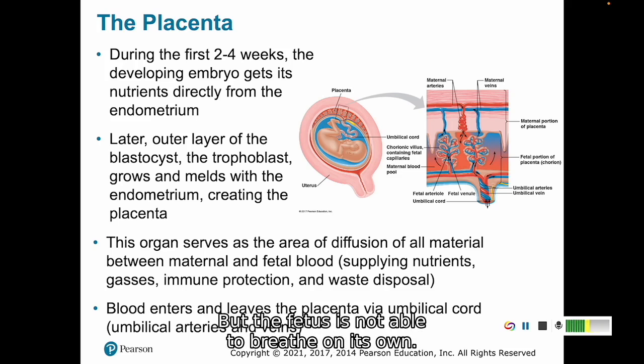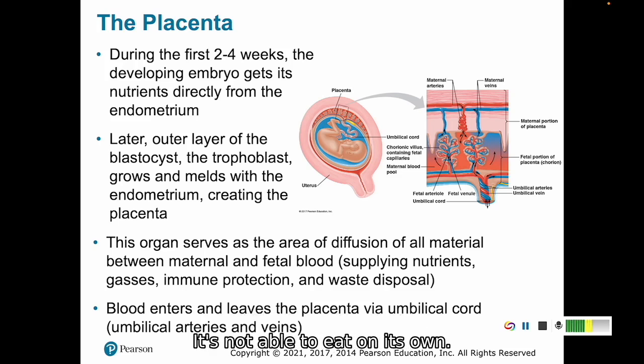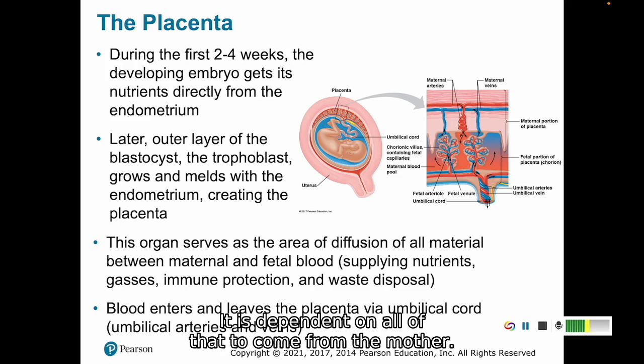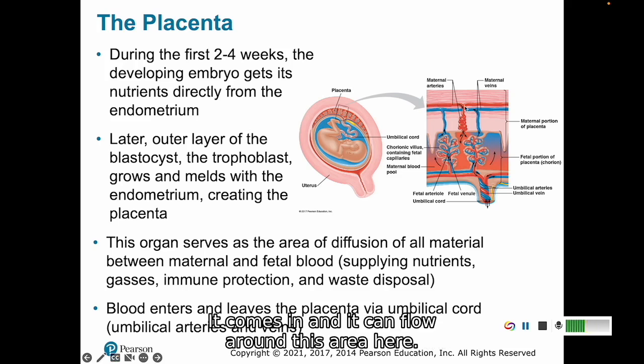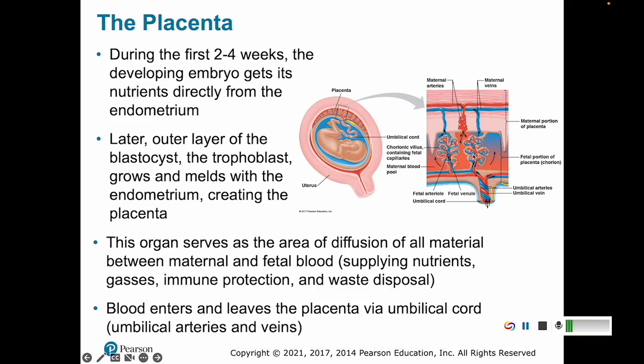But the fetus is not able to breathe on its own. It's not able to eat on its own. It is dependent on all of that to come from the mother. So the maternal blood supply will come in. Here's the mother's arteries. It comes in, and it can kind of flow around this area here. And while it is flowing there, it can supply nutrients.